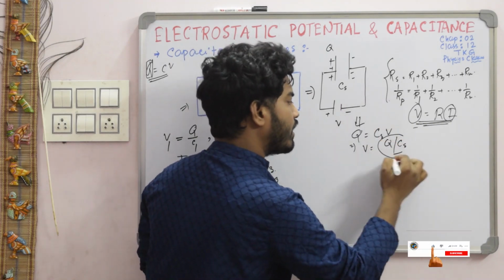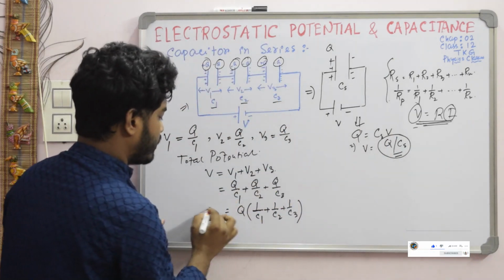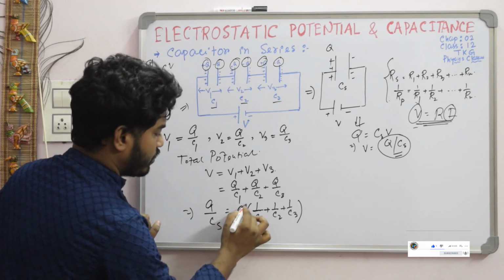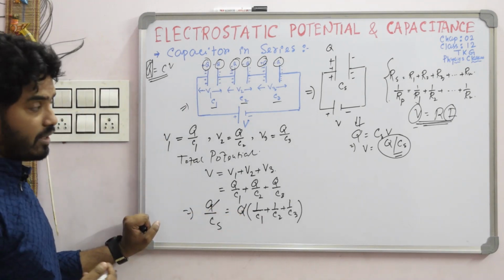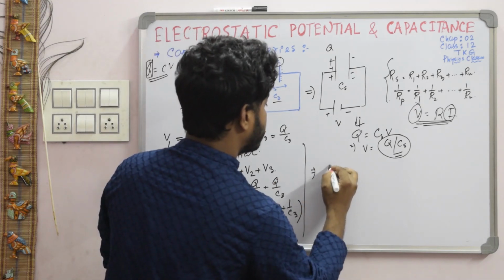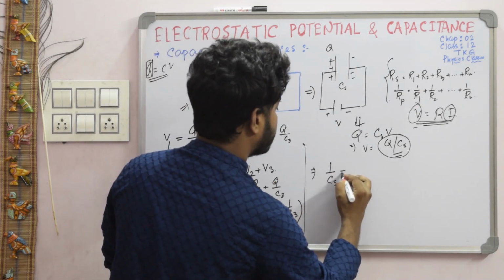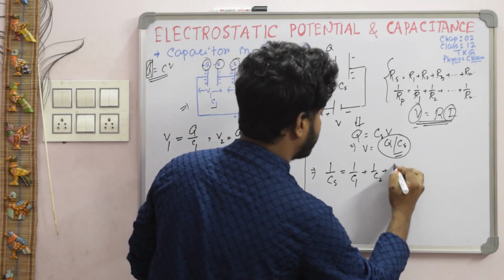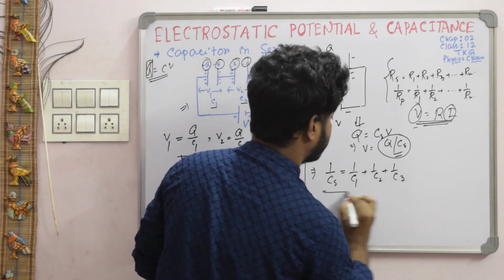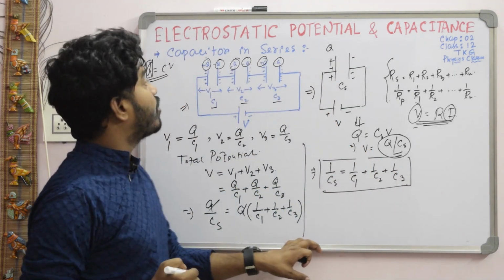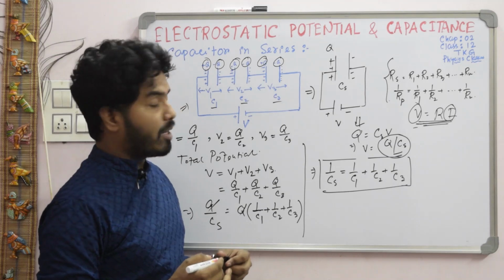Putting this value here, in place of V we have Q by CS. So Q cancels out. Then the final formula of equivalent capacitance is 1 by CS is equal to 1 by C1 plus 1 by C2 plus 1 by C3. This is the equivalent capacitance for series combination of capacitors.